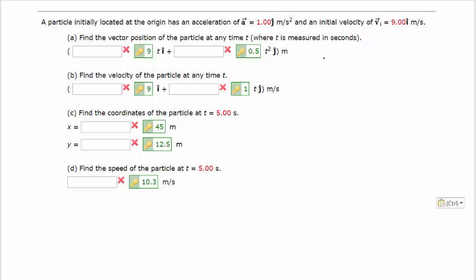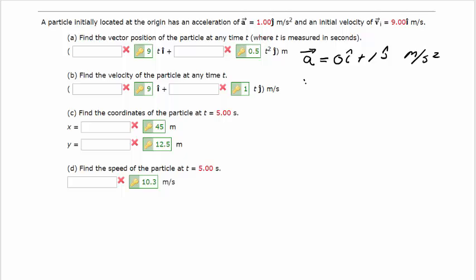What I recommend with a problem like that is to identify what you know. We do know here that the acceleration is going to equal 0 i hat plus 1 j hat, and again, those units are going to be meters per second squared.